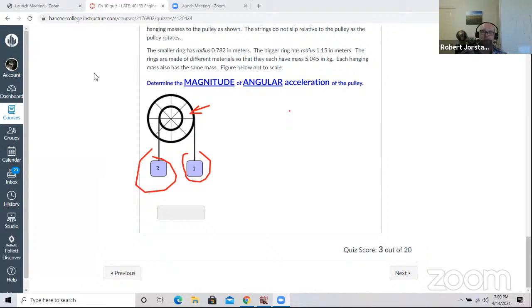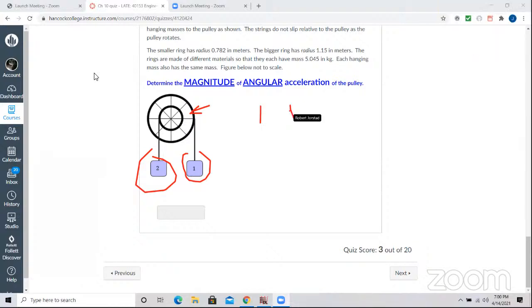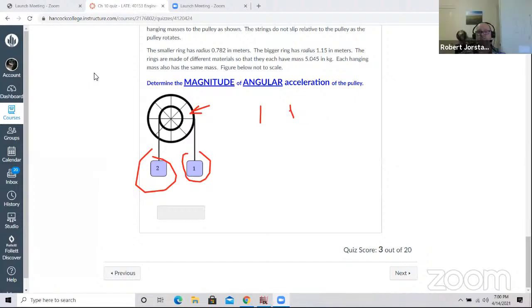And then I said magnitude, so that just means absolute value at the end. Is that the Atwood problem thing? It's also very similar to the Atwood's problem, but there's 2 different radii. So it's nearly identical to problem 10.52 as well, except there's different radii, and that's what's different in 10.56.